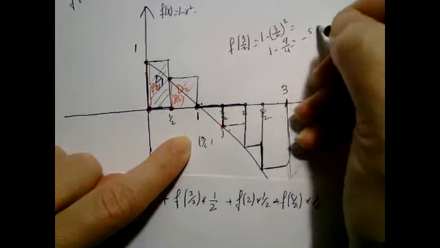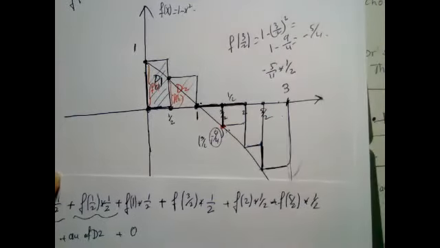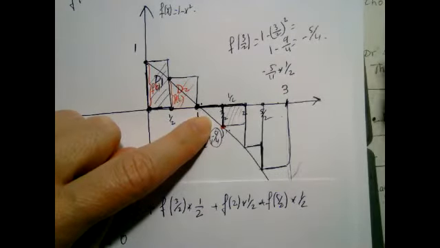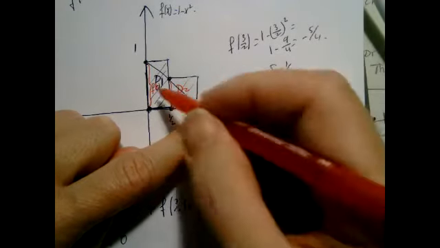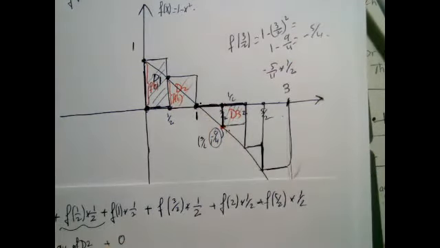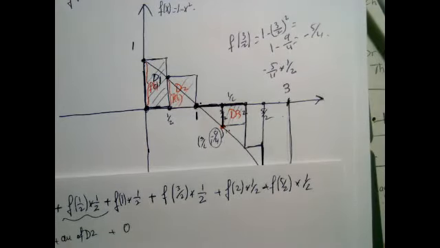So when I'm taking minus 5/4 and I'm multiplying by a half, will I get the area of this region? Yes or no? I'm going to call this region D3. Will I get the area of the region? Yes or no? What's the relationship? I ask you the question again.